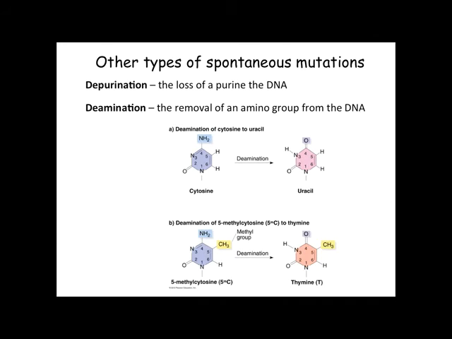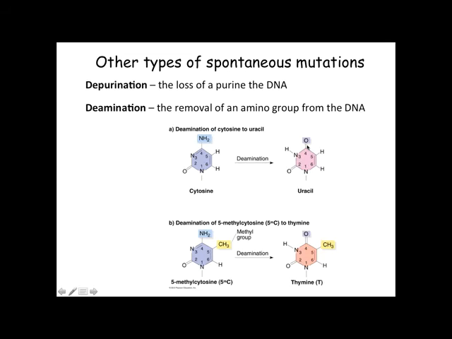So the way that deamination works, and we talked about this a little bit when we talked about the structure of DNA, you can see that the cytosine has this structure right here. So we have an oxygen coming off the 2' carbon. We have an amino group on the 4' carbon. Deamination is when the amino group on this 4' carbon gets removed, and now there's an oxygen in its place.